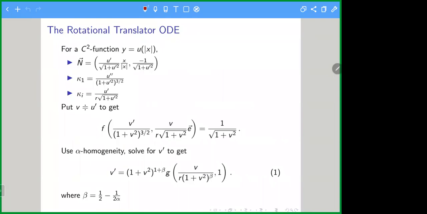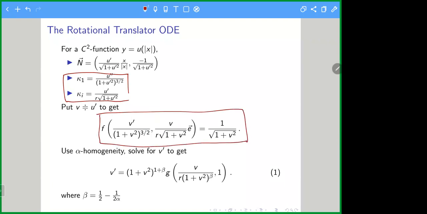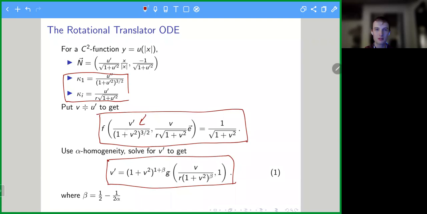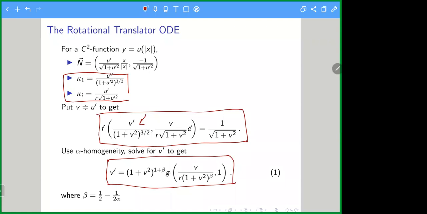So for radial graphs, you're able to work out the principal curvatures explicitly, as functions of u prime and u double prime. So your ODE looks like this. Then you solve for the first slot using the implicit function theorem, and your ODE looks like this, where G is the function that solves for the first slot in terms of the second slot and the right-hand side.